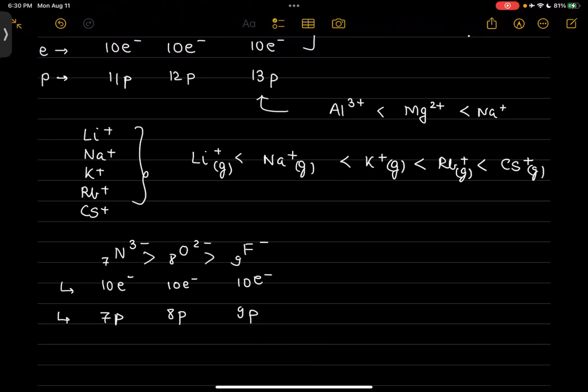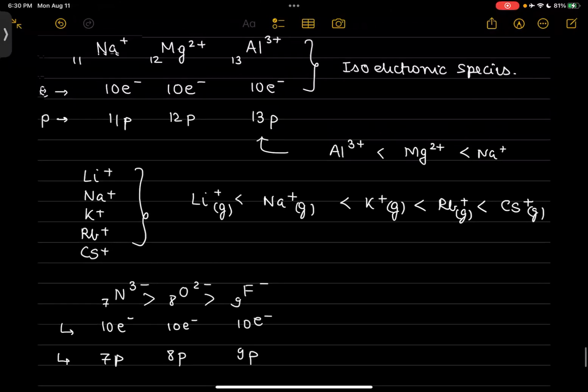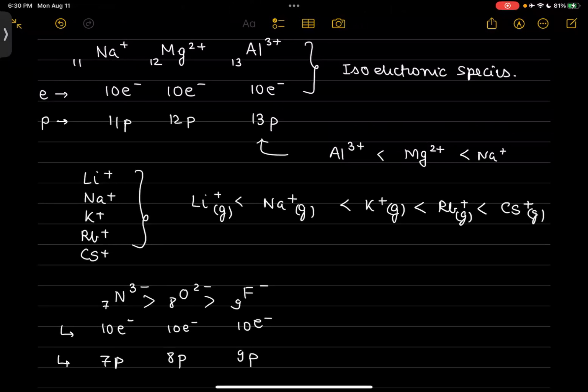Then oxide and then fluoride. So in isoelectronic species, the higher the number of protons, the smaller the size. Down the group, new shells are added and size becomes larger. Across the period, left to right, the size shrinks because no new shell is added.